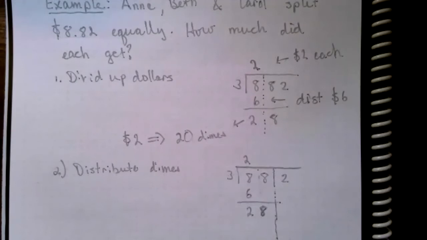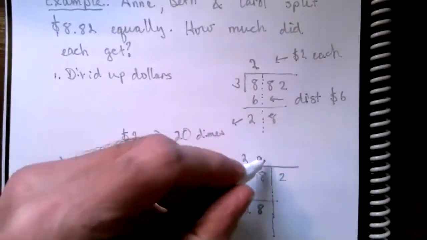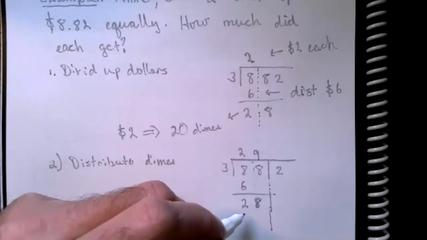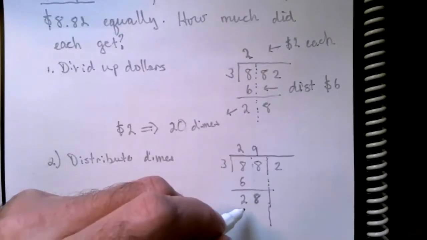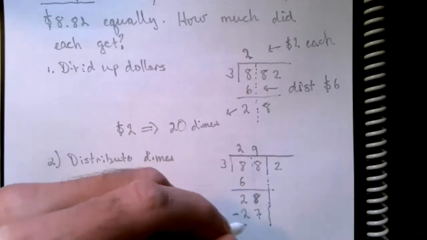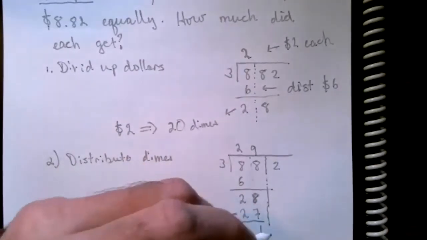I've got 28 dimes. I'm giving them to 3 people. Nine. Right, 9 dimes. Each person gets 9 dimes. Now, how many dimes would we be giving out then? Are we giving out all 28? Just 27. Right, we've given out 27 dimes, which means we have one left over.